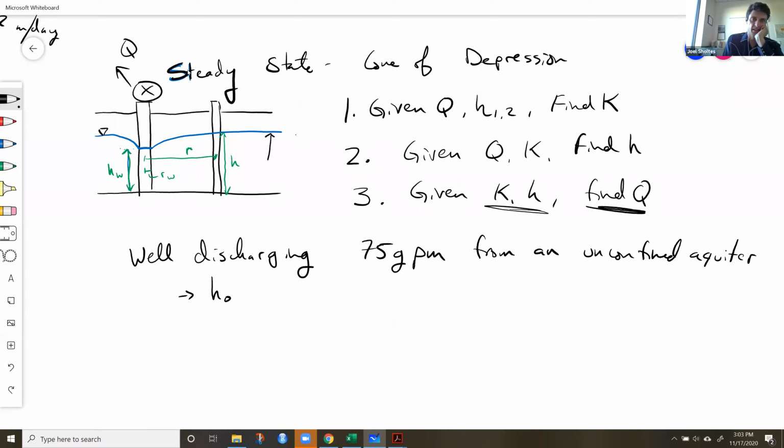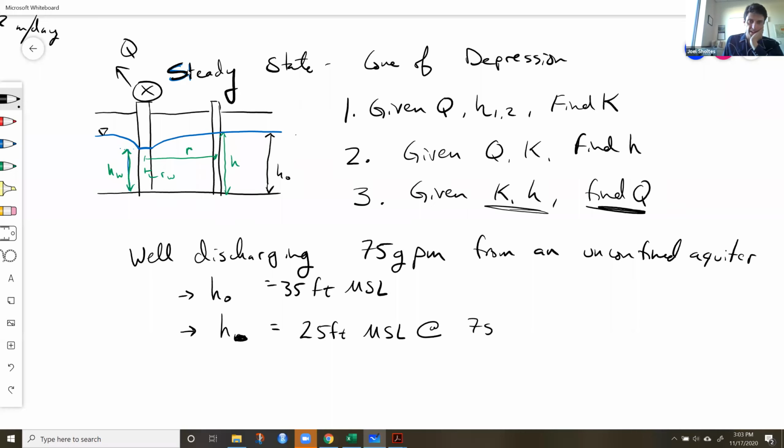This would be H naught, really far away where there's not any influence. H naught is equal to 35 feet above mean sea level. After a long time, so under steady state conditions, the water table settles to H equal to 25 feet above mean sea level at a well that is 75 feet away.